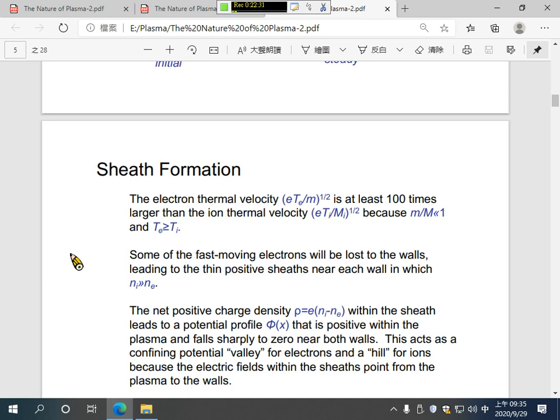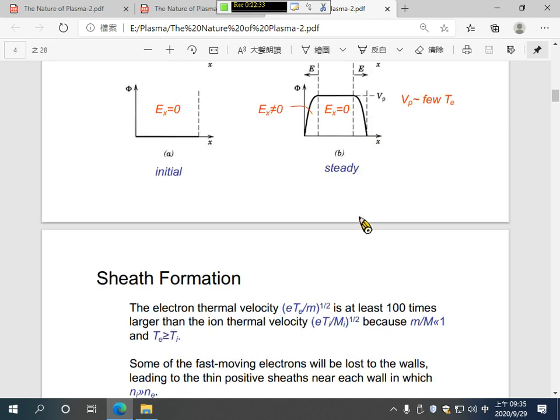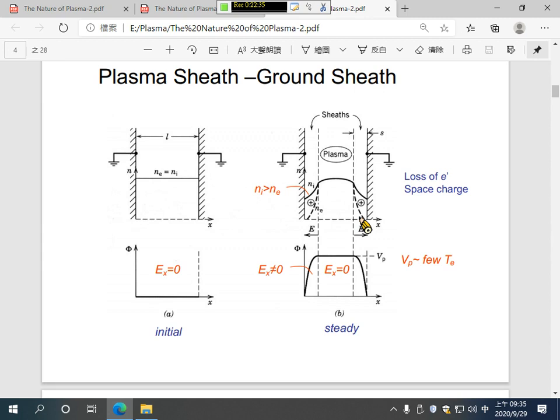But if we insert two pieces of metal plate here, then we can look at the surface of the plate.